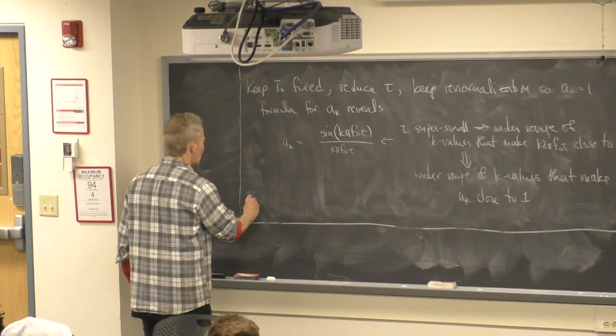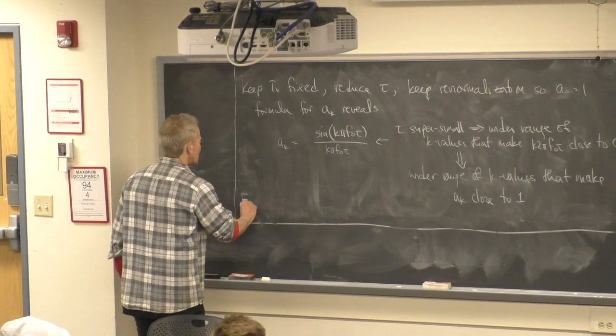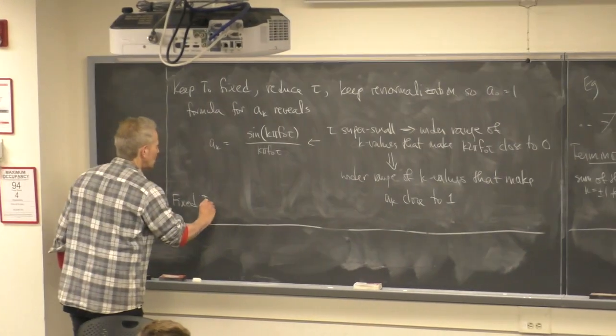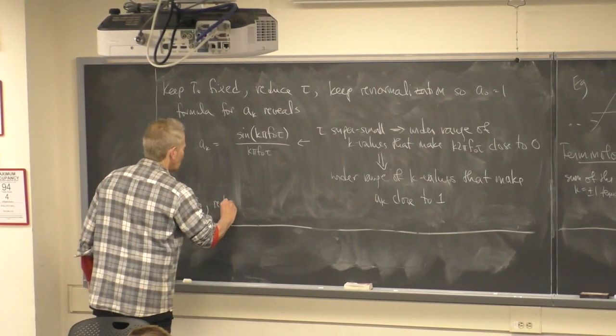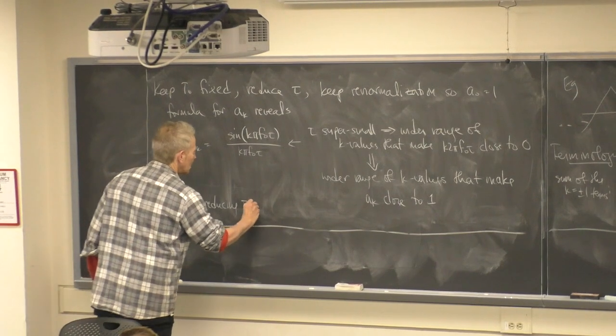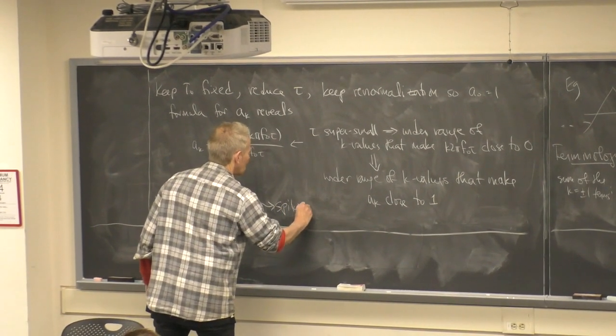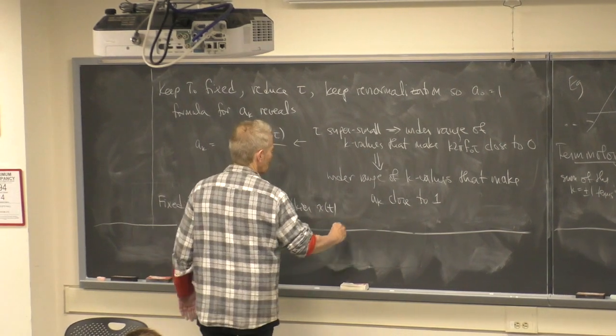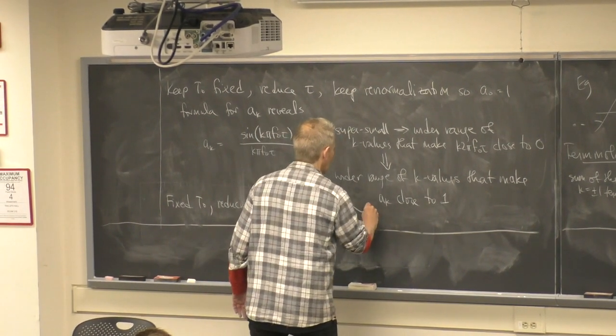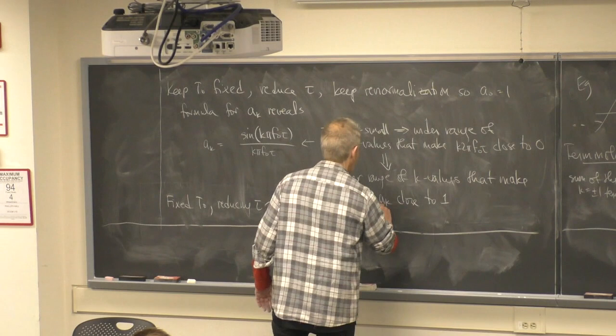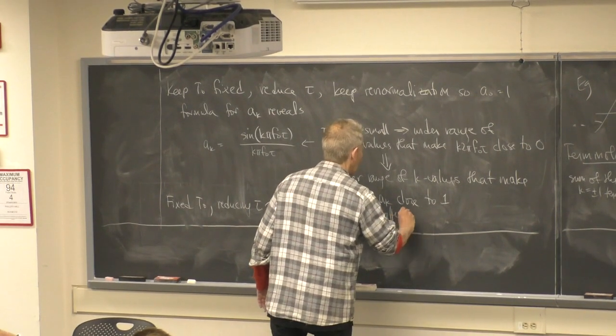So that means that fixed t0, reducing tau leads to spikier x of t, in some sense, leads to a flatter Fourier spectrum.